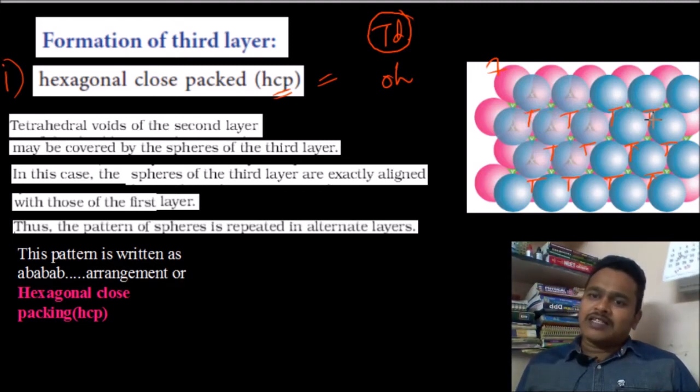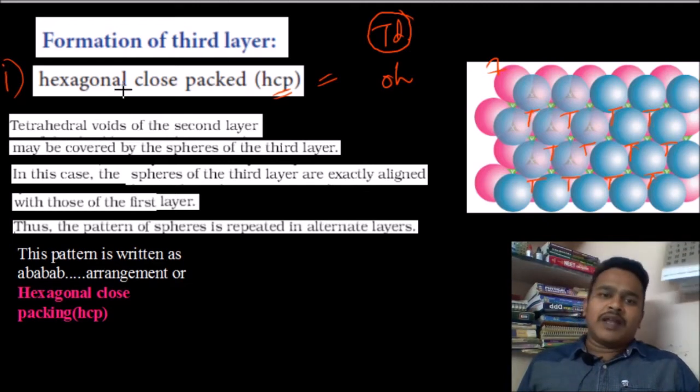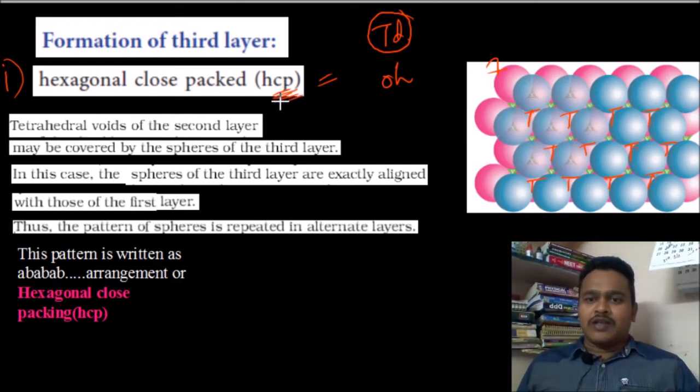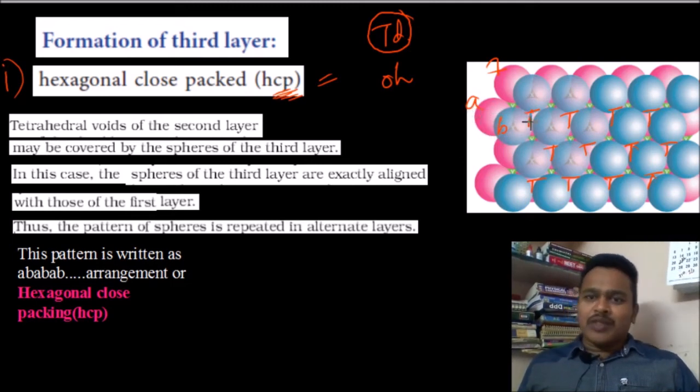That other set of spheres covering these tetrahedral voids will form the third layer in HCP manner. First layer A, second layer B, third layer I am going to arrange as C, where I have to arrange on this tetrahedral.